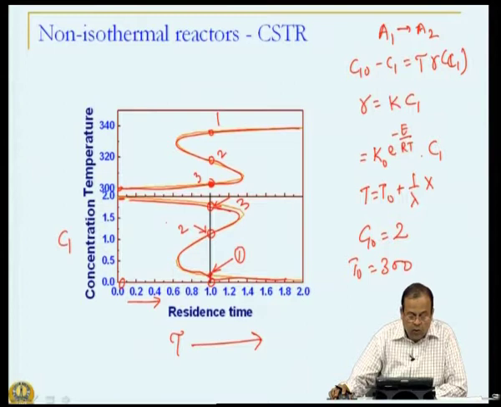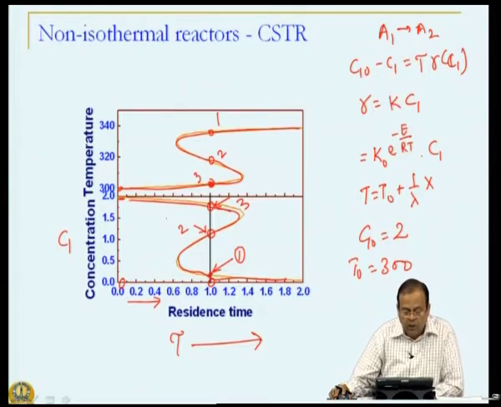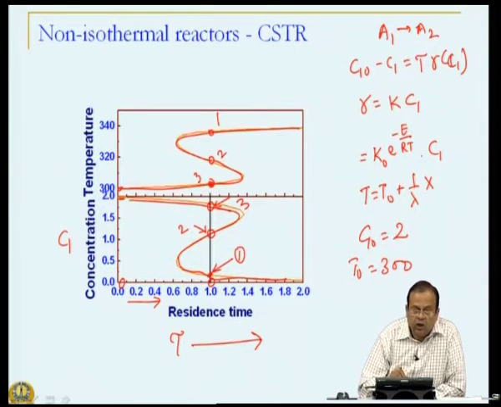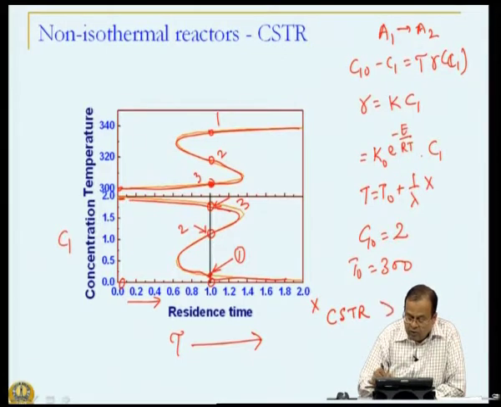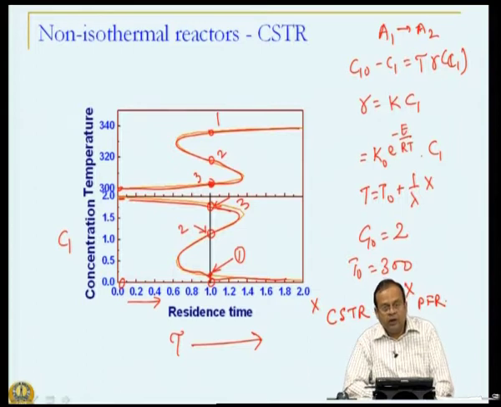Also, although I do not have numbers here, it so happens that for the same residence time, the conversion in a CSTR now is much better than conversion in a plug flow reactor. Remember, for an isothermal reactor, CSTR always performs poorly compared to plug flow reactor, because we saw the reason for that.